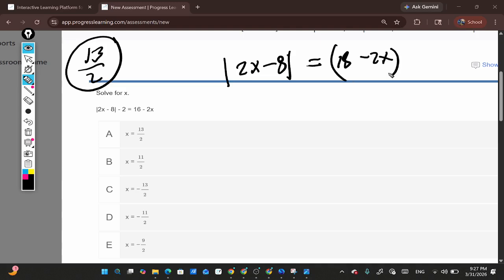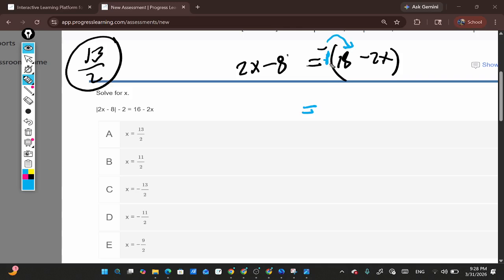But we need to take the negative side of this part. Now we don't need the absolute value, of course. So we just have this one. In this case, we can use what we call the distributive property, because we have here parentheses. So we need to distribute the negative 1 first.